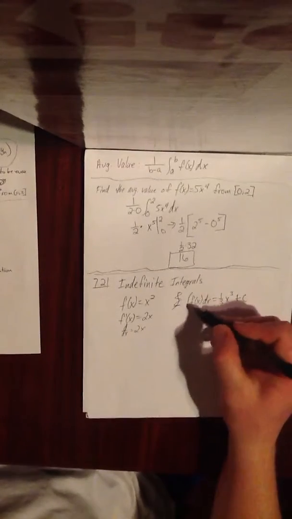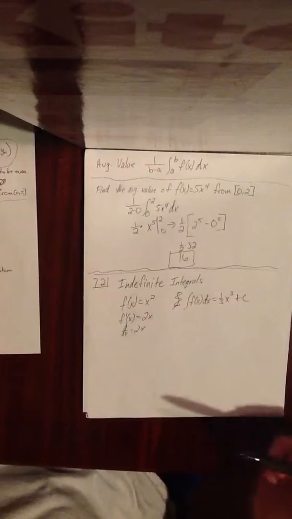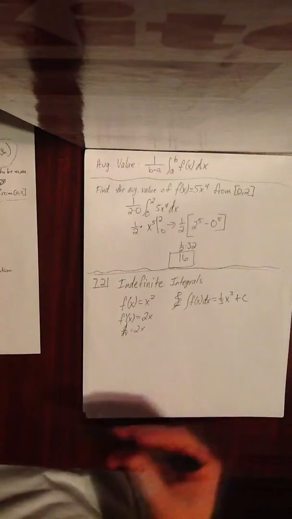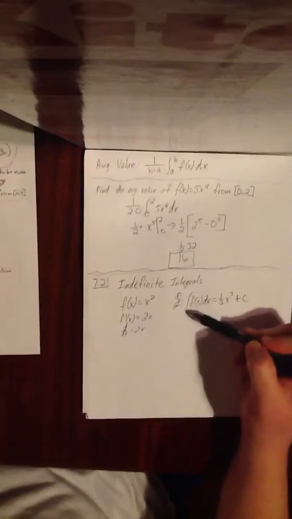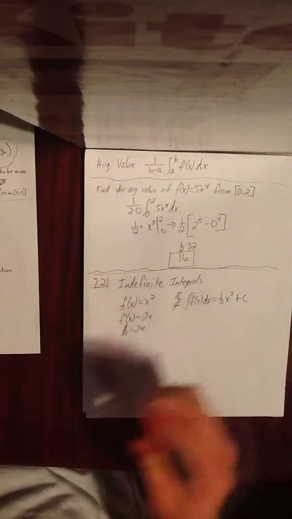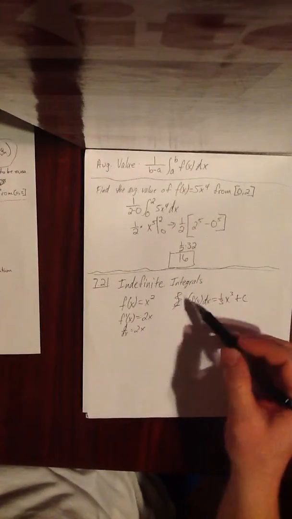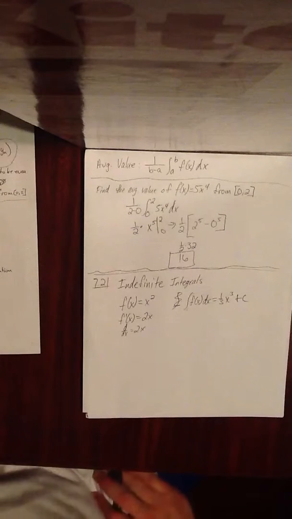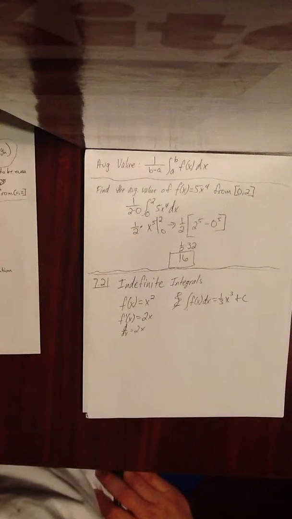Think about definite integrals. Definite means like defined. So you have a defined section that you're looking at. Indefinite basically just means antiderivative. So we're not going to use that word much anymore, antiderivative.